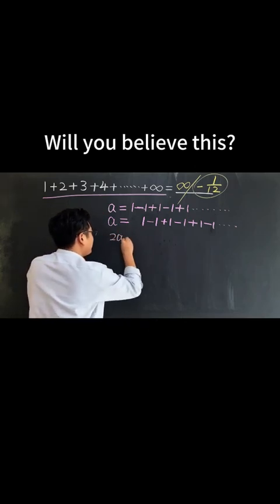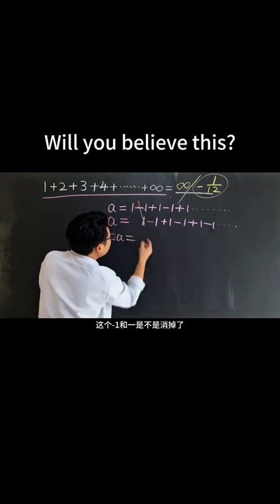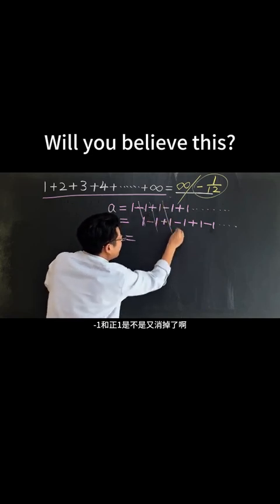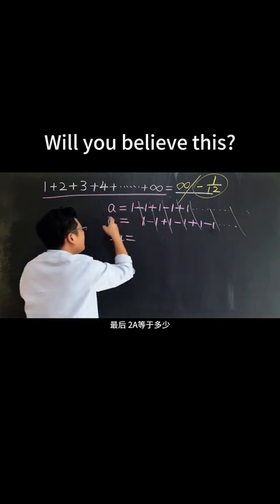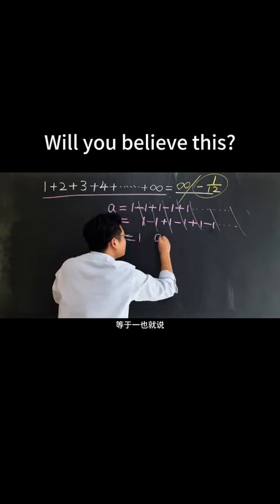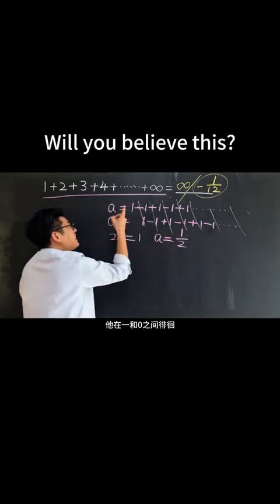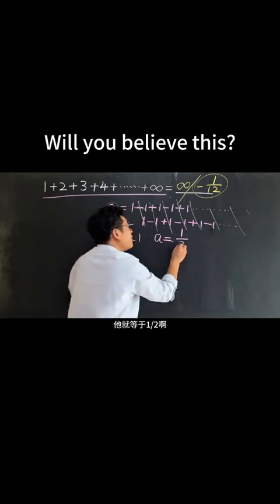Doesn't the negative one and the positive one cancel each other out? They just keep canceling each other out endlessly. So, in the end, what does 2A equal? It equals 1. That means A equals 1/2. It hovers between 1 and 0, but this number just equals 1/2.